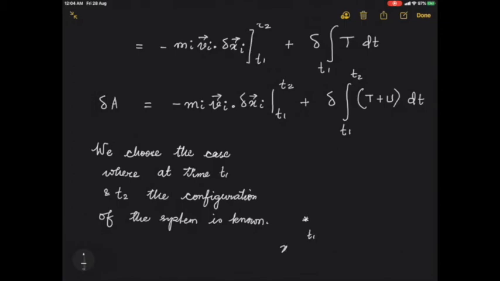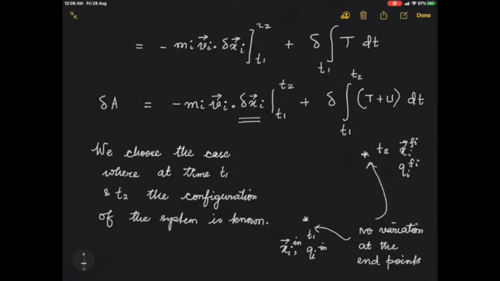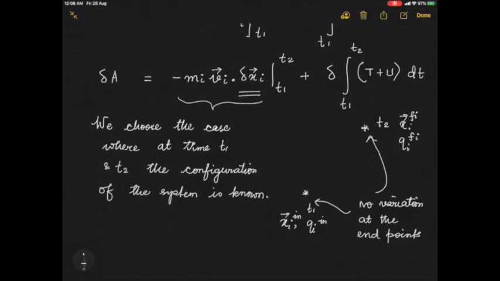So at the two endpoints, at T1, you know that the system is at, if you wish, x_i in Cartesian or q_i, and I write initial for both the cases. And at t equals T2 in Cartesian, you are here. And what does it mean? This is delta x_i calculated. So if I write this out, I will have delta x_i calculated at T2 and delta x_i calculated at T1. But those are 0 because I have no variation.